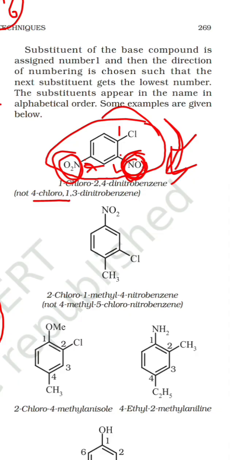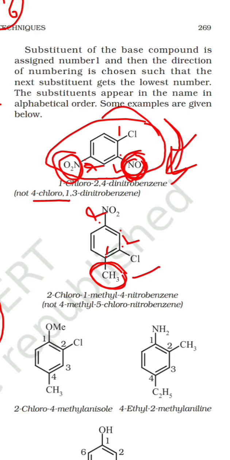And here when a methyl group is there, that gets priority. So that gets the smallest number 1. So obviously chloro gets 2, nitro gets 4. While giving the numbering, methyl gets the first number, but while writing the name, alphabetical order we have to follow.